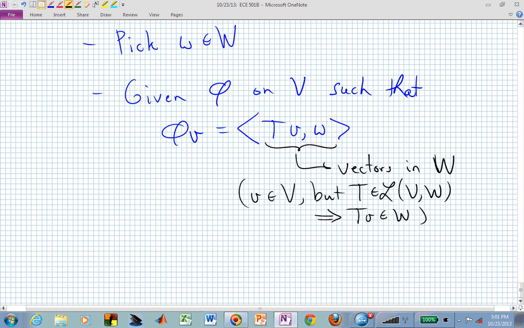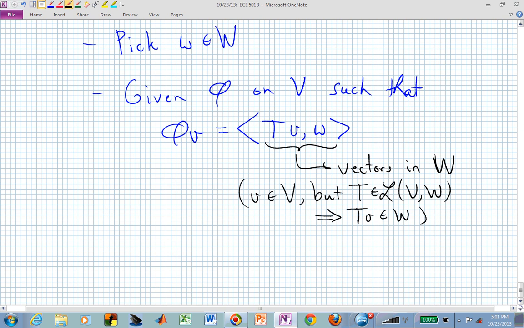What do you get when you take a linear operator and map V through it, and then take the inner product of that with W? What's the result of an inner product? It's a scalar. So this is now a scalar. Now we want to make that equal another scalar, which is going to be defining the adjoint.